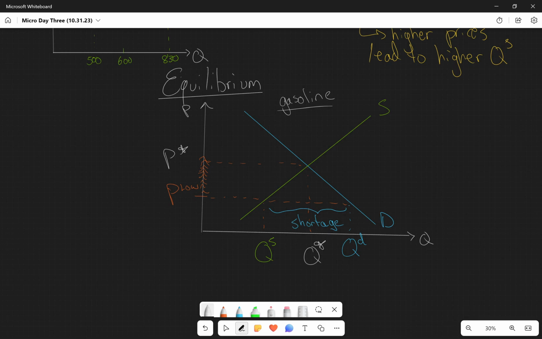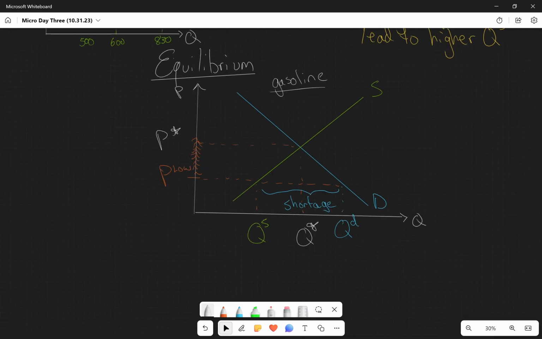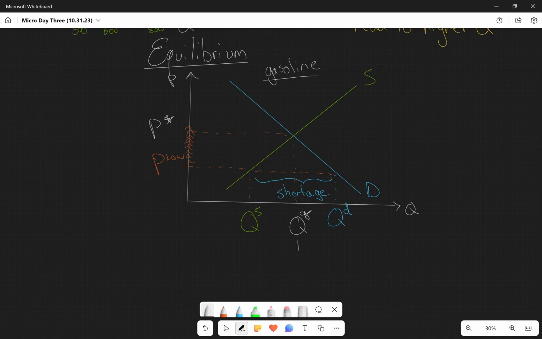So in a shortage, there's a natural bidding up of the price because businesses are seeing money that they're leaving on the table. And so they increase the price until they get to a point where, and again, I know I'm kind of stressing this a lot, but this point right here is important because it's the point where everything that's supplied is demanded.